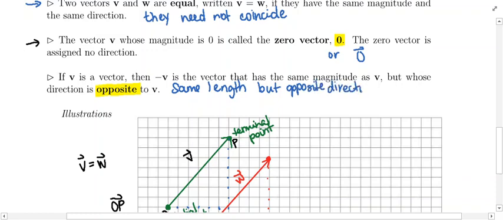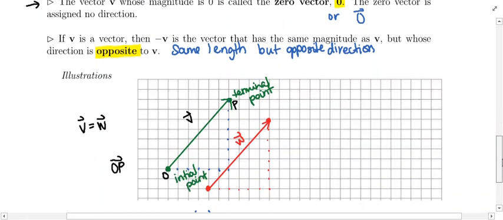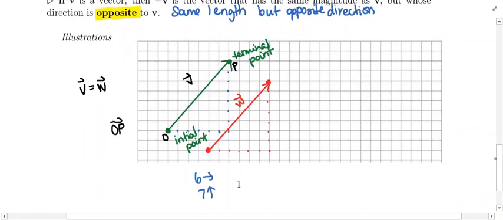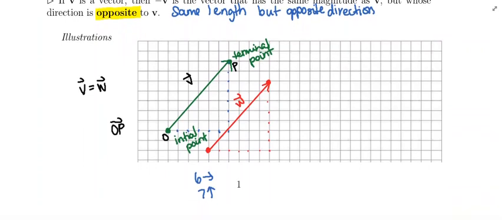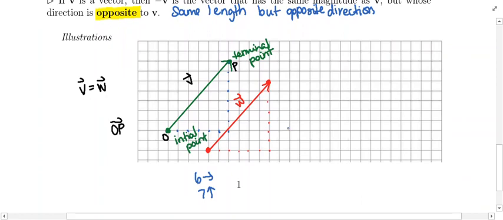All right, so I am going to draw negative v over here. It's equivalent to negative w. So here we go. I will put this one in blue. I need to start somewhere, so I'll just pick a point. It doesn't matter where because I'm in just a generic grid system here. So I'll start right here.